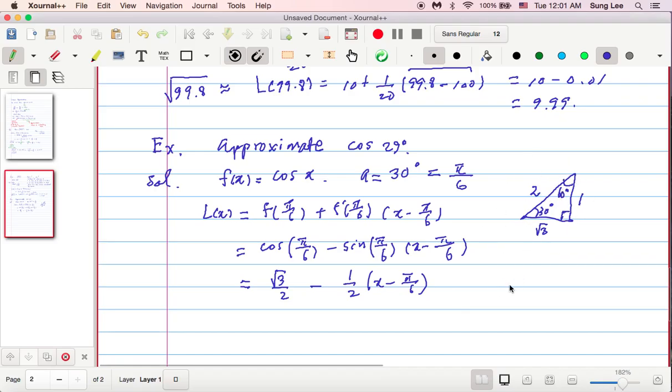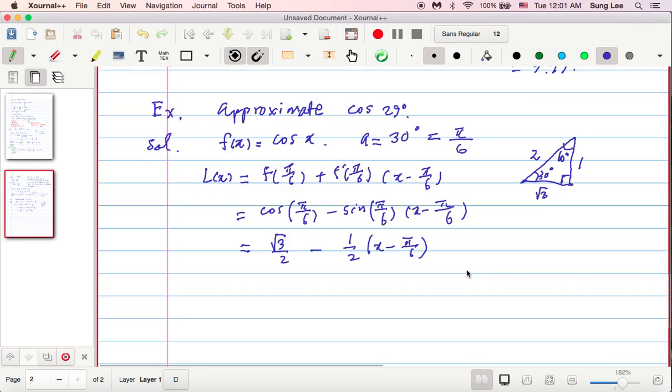So if you remember this ratio, you can always easily figure out sine, cosine, and other trig values. Okay, so we are going to leave it like this.